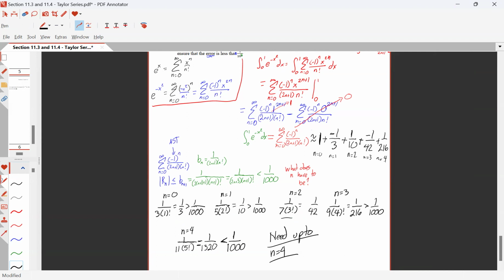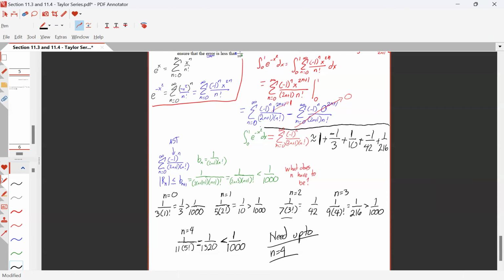So the integral of e to the negative x squared between 0 and 1 is approximately whatever 1 plus negative 1/3 plus 1/10 minus 1 over 42 plus 1 over 216 would work out to be.